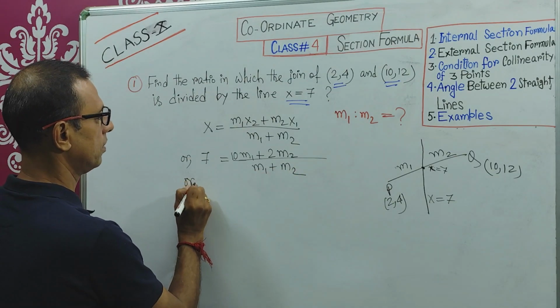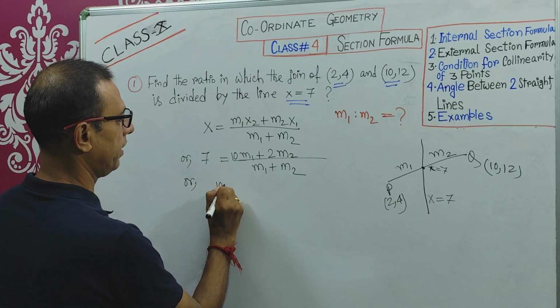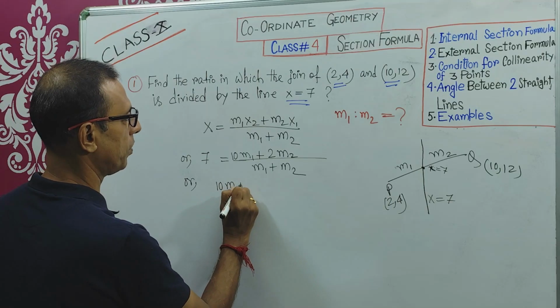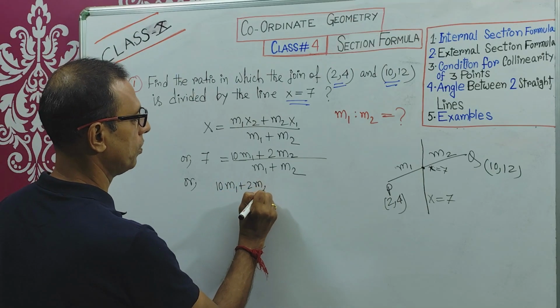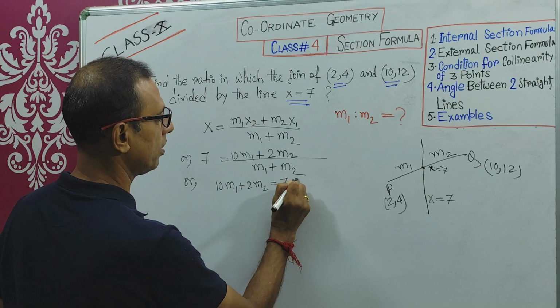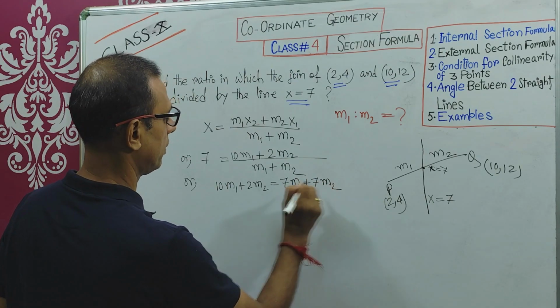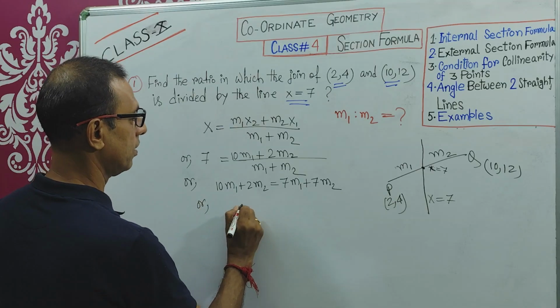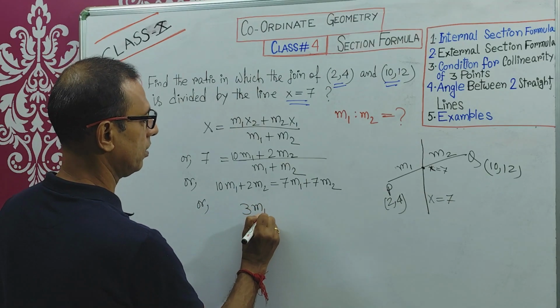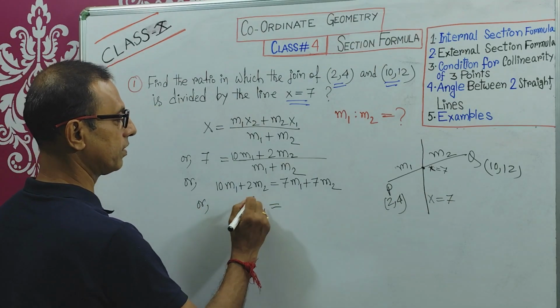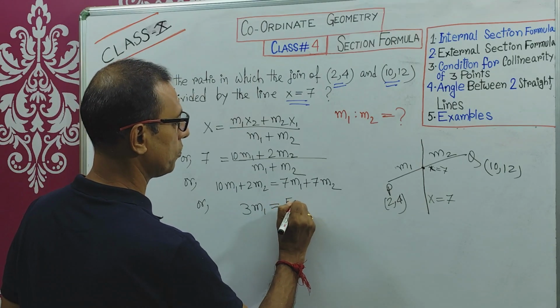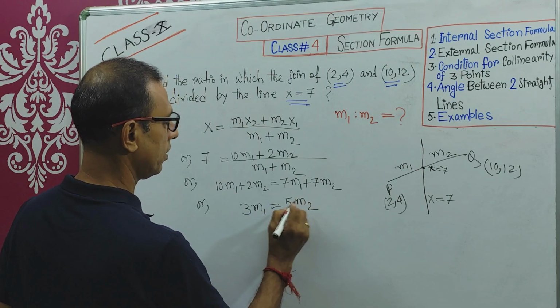that means 10 m1 plus 2 m2 equals 7 m1 plus 7 m2. That means if you solve it, 3 m1 equals 5 m2, right?